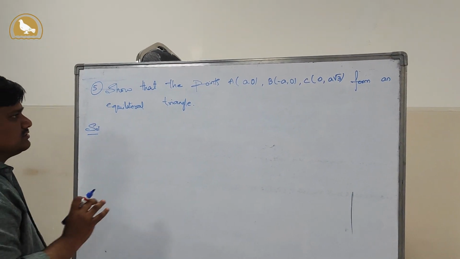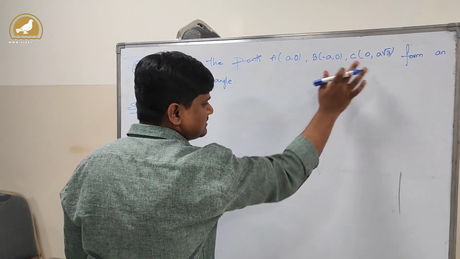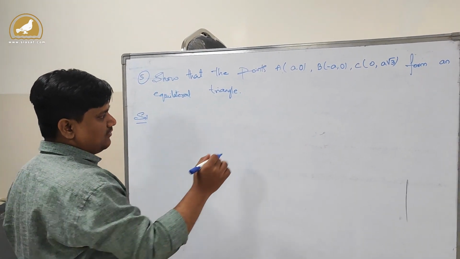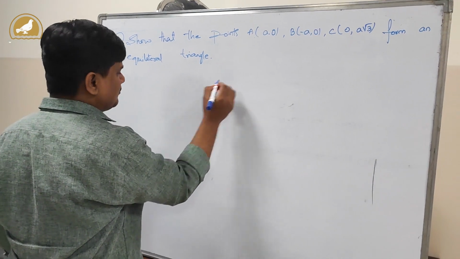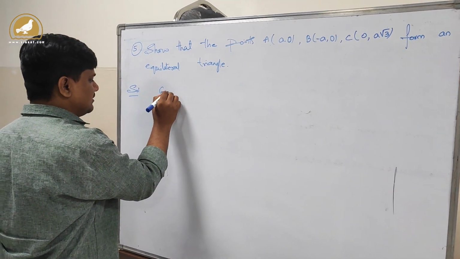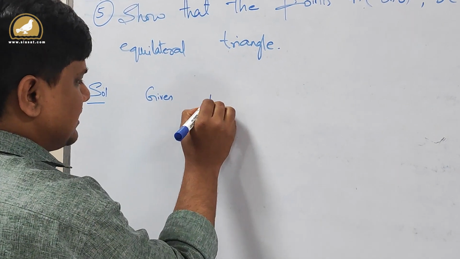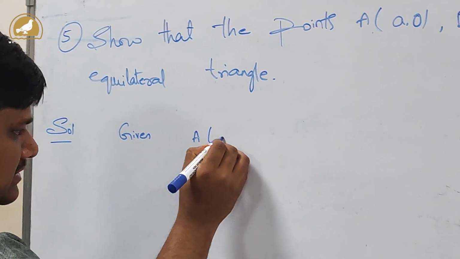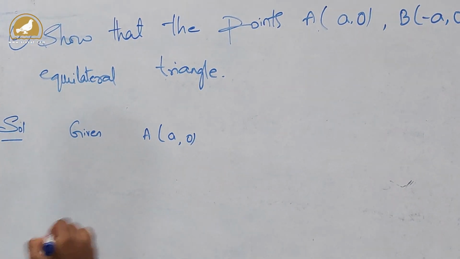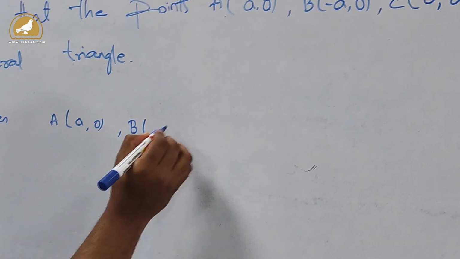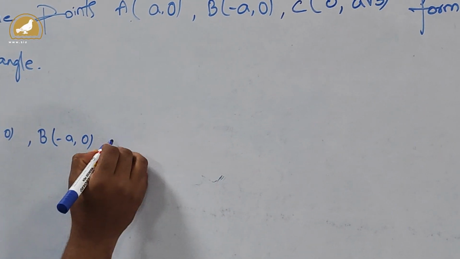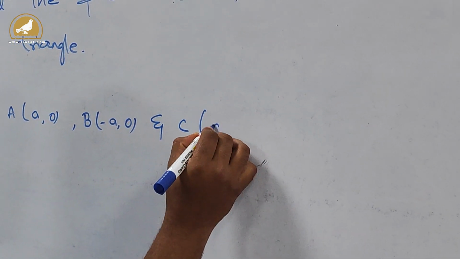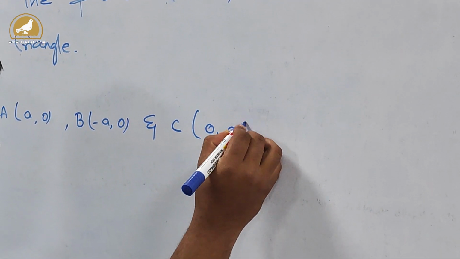They are asking us to prove that these three points when joined together form an equilateral triangle. So what they have given are three points: A (a, 0), B (minus a, 0), and C (0, a root 3).